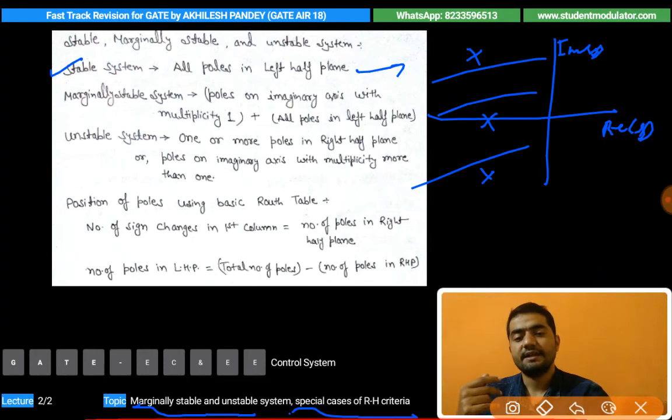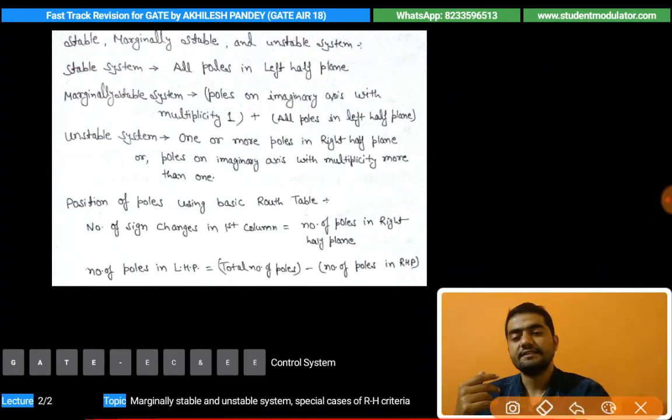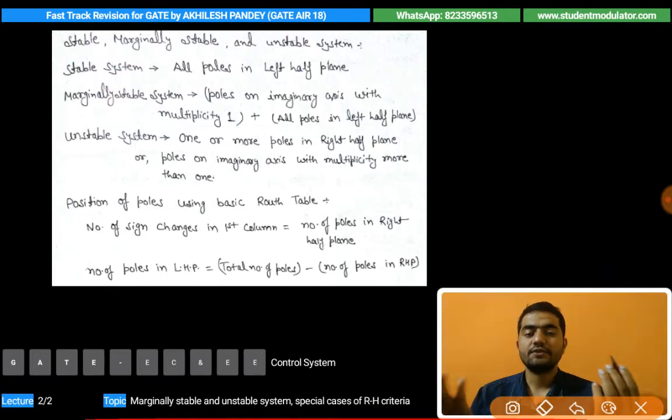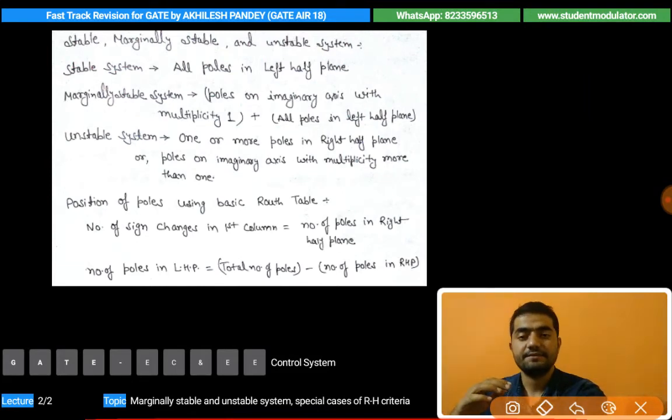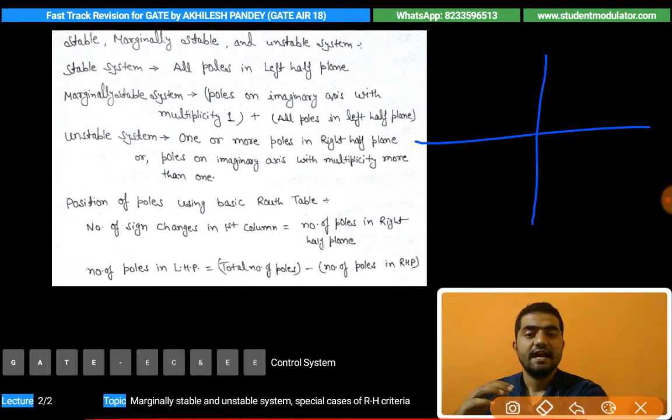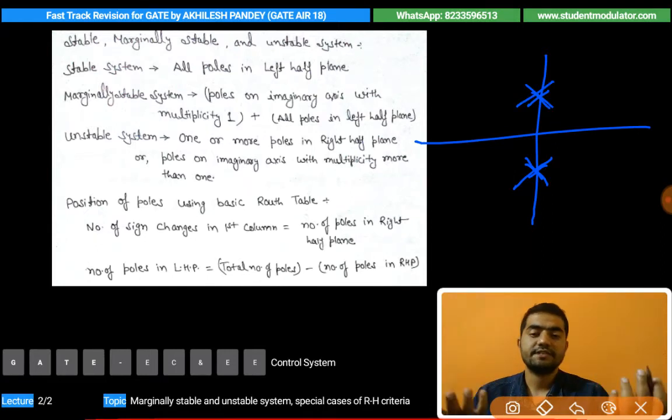Next, when we come to the marginally stable system, there can be poles on the imaginary axis but with multiplicity 1. If there is a conjugate pole pair on the imaginary axis, it is okay, it has multiplicity 1. But when there are two poles at the same position, two conjugate poles at the same position, then it has multiplicity 2.